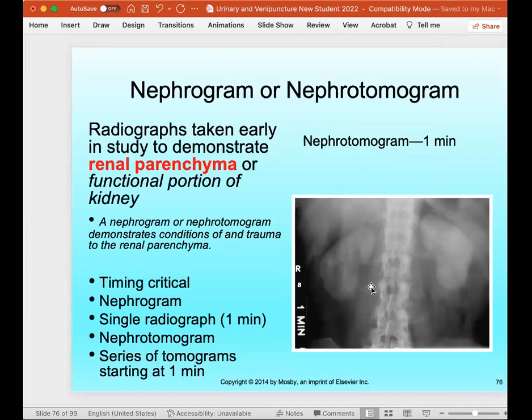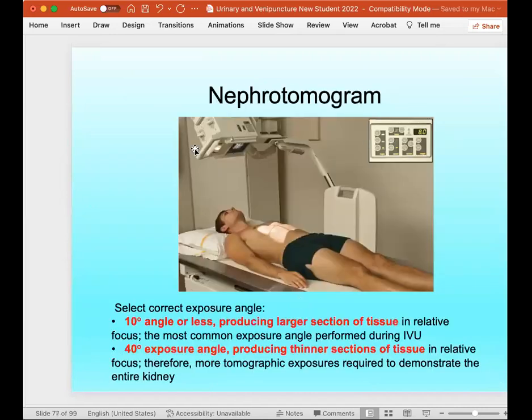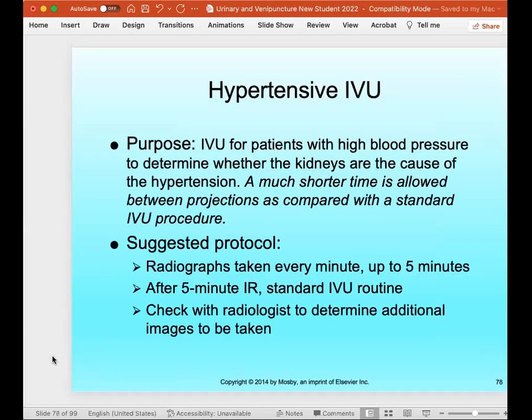So it goes back and then it goes forward, and the IR is going to follow. But we're going to talk more about the actual tomographic exposures next week.